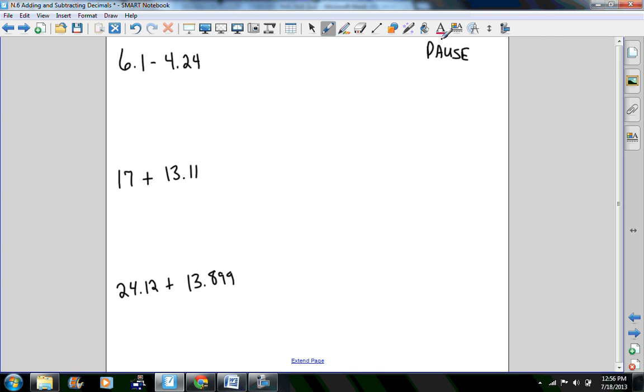All right, so I'm going to work out the top two, and then I'll give you the answer to the third one. So for the top one, it ends up being 6.10 minus 4.24. So 6, 8, 1, 1.86.